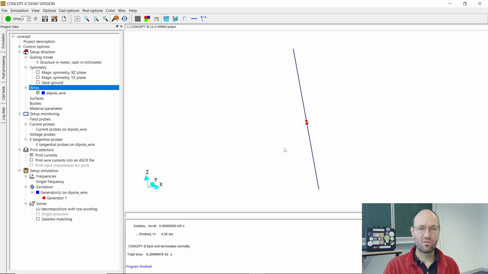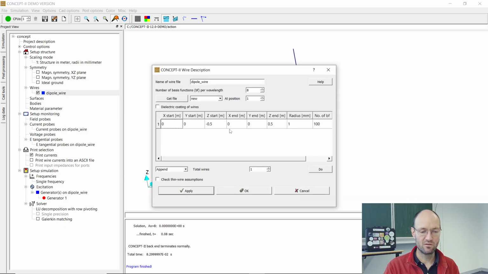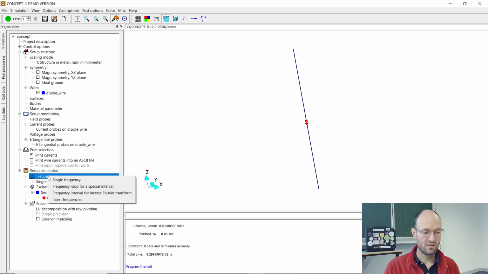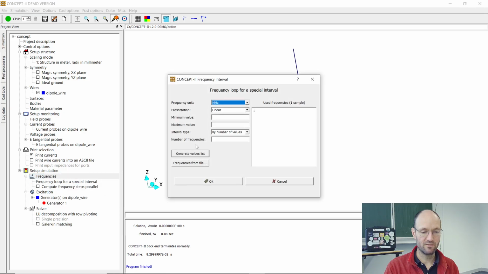So the last small thing that we can maybe try out, we have the dipole antenna from before. It's 1 meter long, pointing in a z direction from minus 0.5 to 0.5 meter. And before we always just set a single frequency, but now we can maybe set a range of frequency, a frequency loop for a special interval.